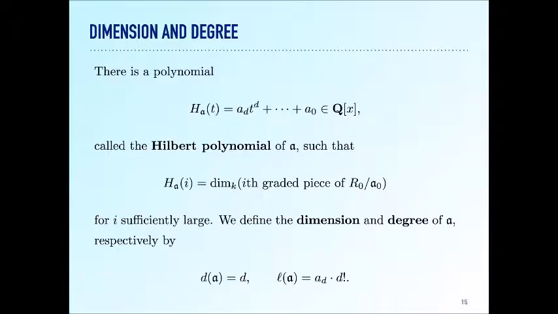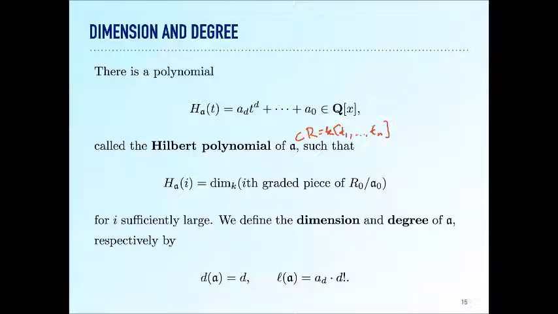I just want to remind you that there's a polynomial called the Hilbert polynomial of A. You could call this the Hilbert polynomial of A0. It's really associated to A0, but we start with an A in my original R, the inhomogeneous polynomials, and we homogenize it to get this ideal A0.